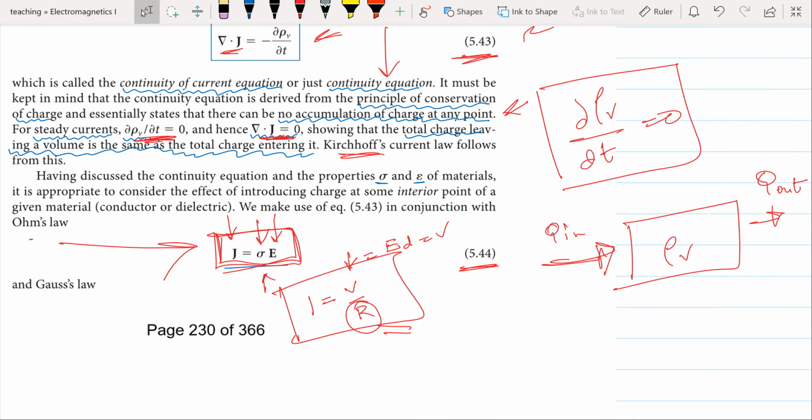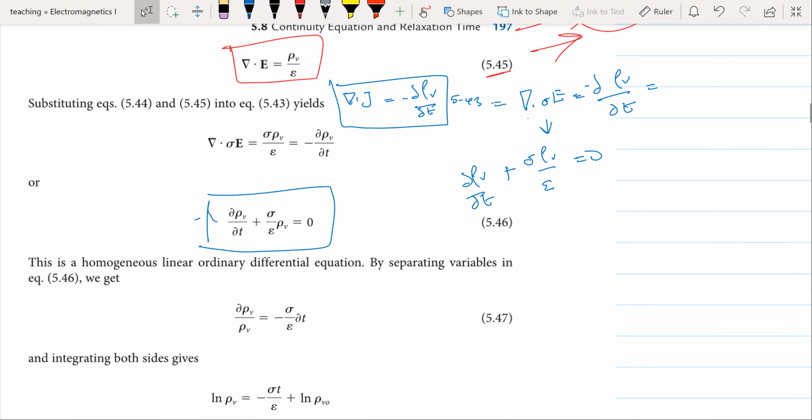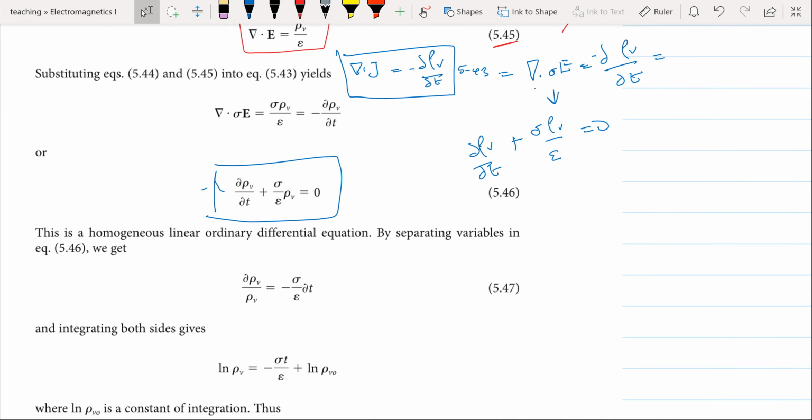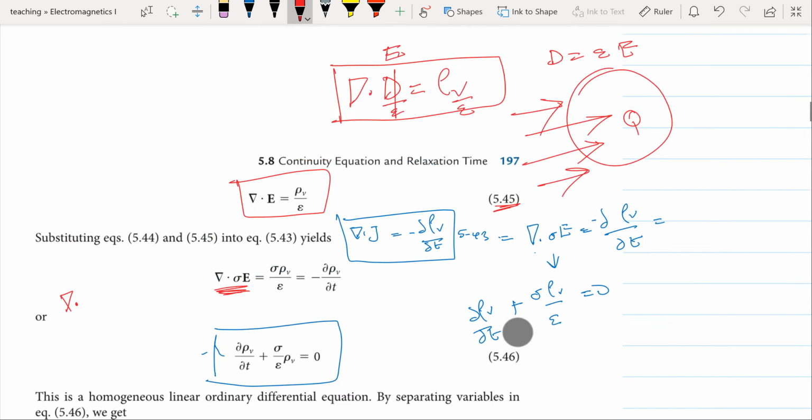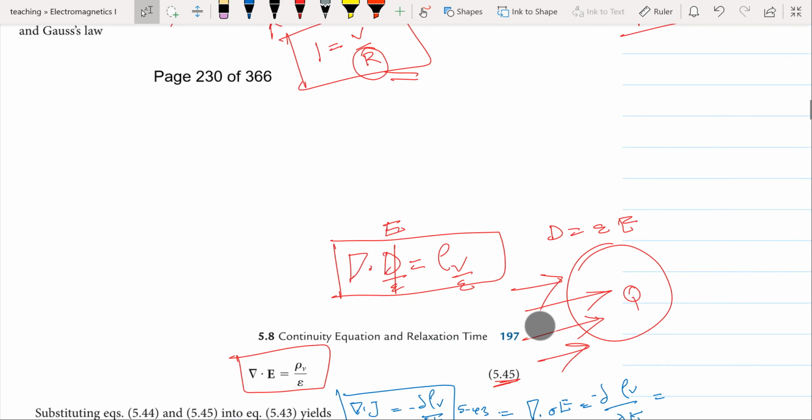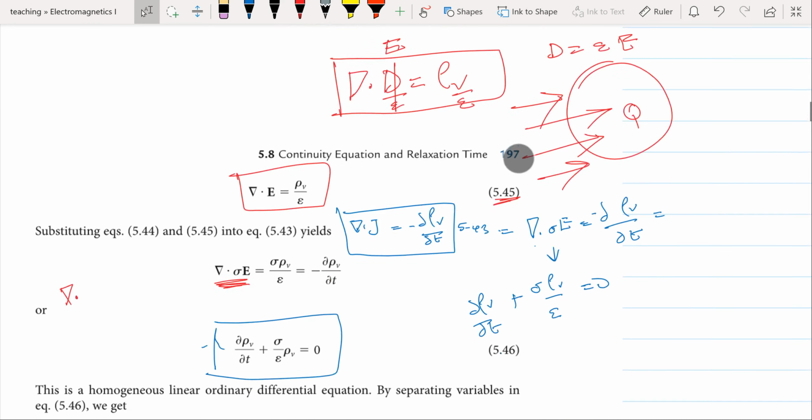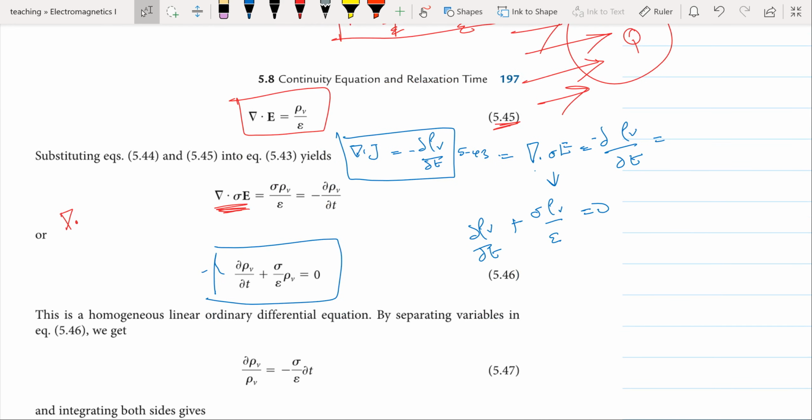From those three equations, 5.45, 5.44 and 5.43, we can come up with another interesting substitution. From equation 5.44, we said that J is equal to sigma E. I have just written 5.43 here, and we have said that the divergence of J is equal to negative time derivative of rho v.